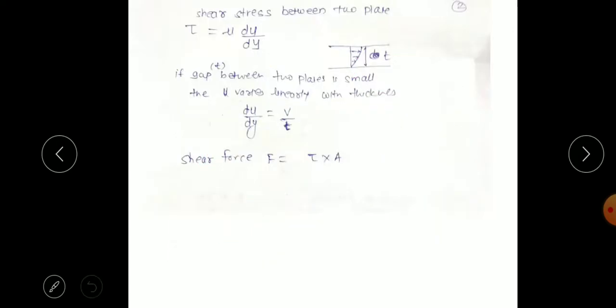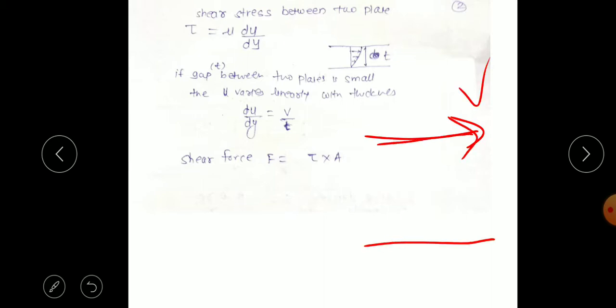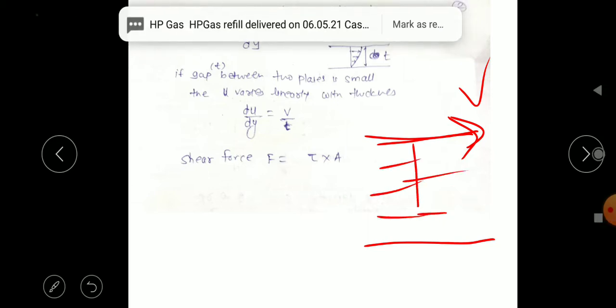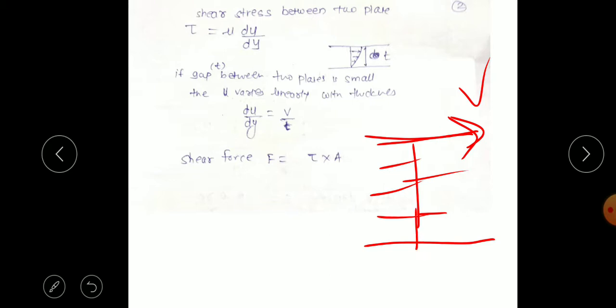Next we have considered, if there are two plates, one plate is stationary and another plate is moving with a certain velocity. At that time, in the fluid between these two plates there is a velocity distribution, velocity is changing.